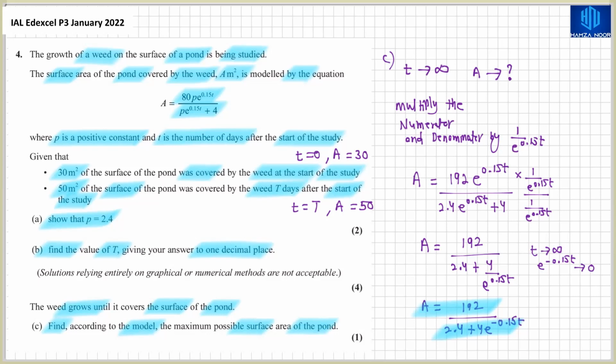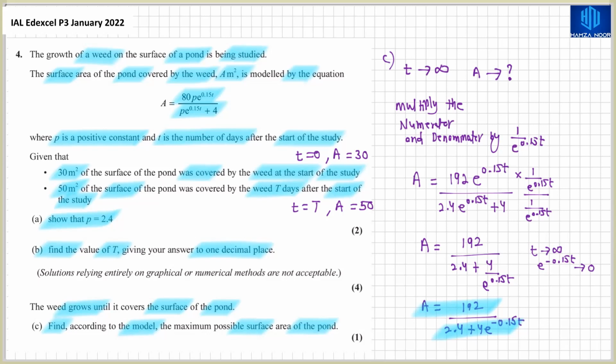If you put in your calculator e raised to the power minus 0.15 multiplied by 100, assuming t is 100, you get 3.059 multiplied by 10 raised to the power minus 7. It is a very small value. So when t approaches infinity, e raised to the power minus 0.15t approaches 0.